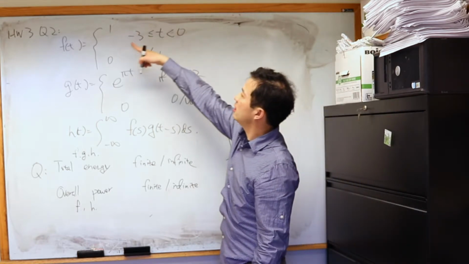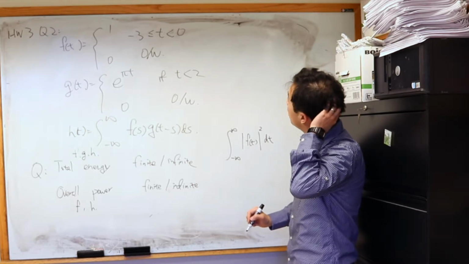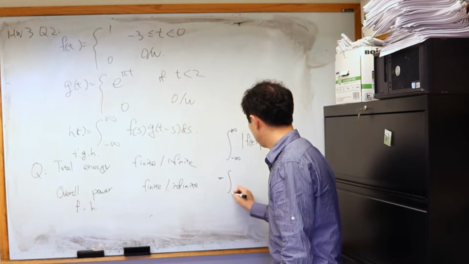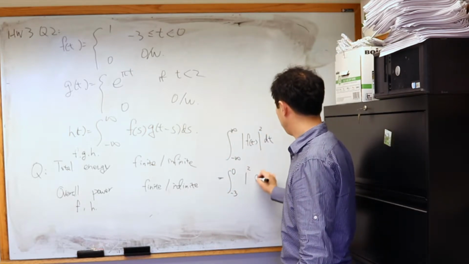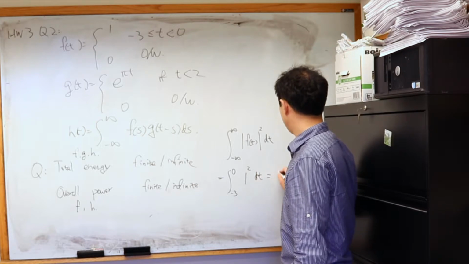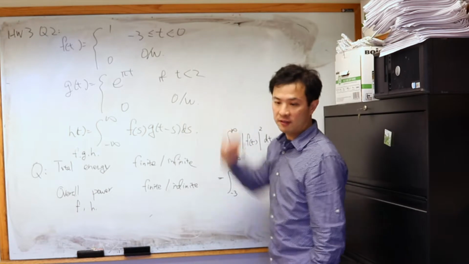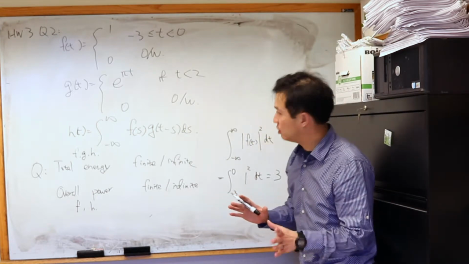But now you can see f of t is non-zero only between negative 3 to 0. So therefore, between negative 3 to 0, I can change it to 1 squared dt. So the final answer is 3. The total energy of f of t is 3.